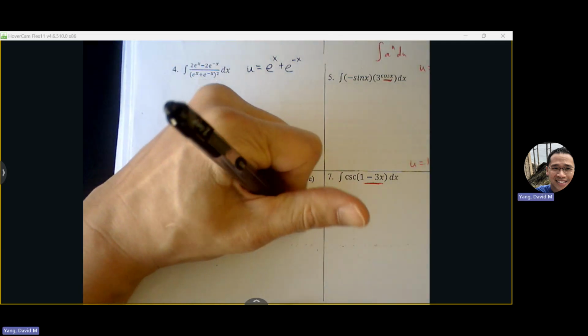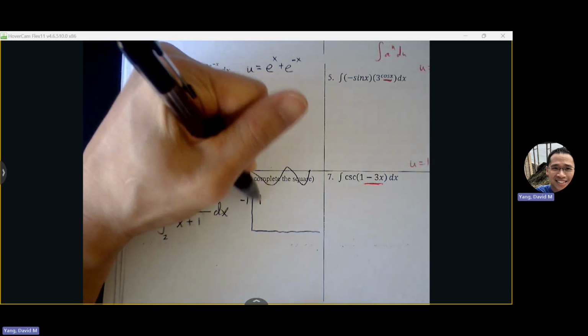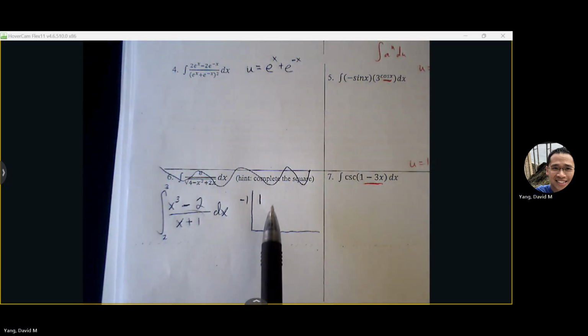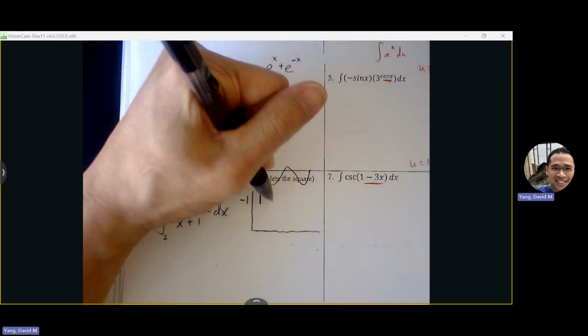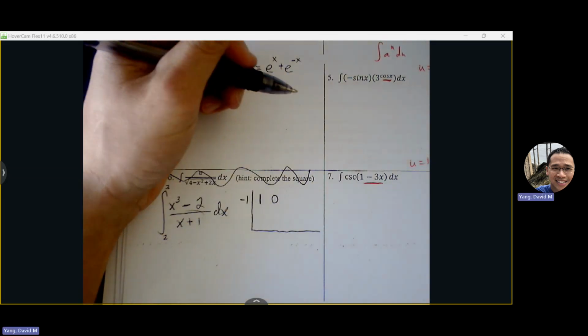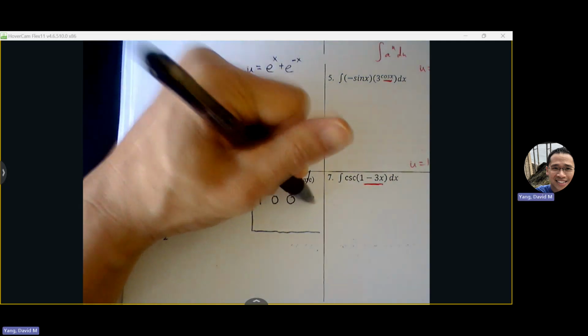Now we have 1 for x cubed. What do we have to be aware of? A bunch of zeros, right? So 1 for x cubed, 0 for x squared, 0 for x, and the -2 is my constant.